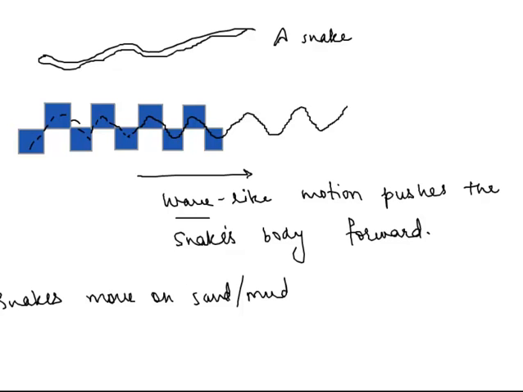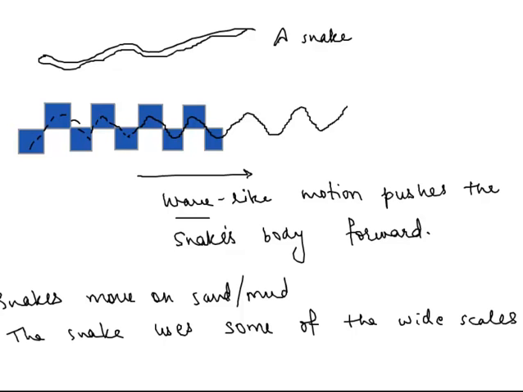The snake uses some of the white scales on its belly to grip the ground while pushing forward with the others.